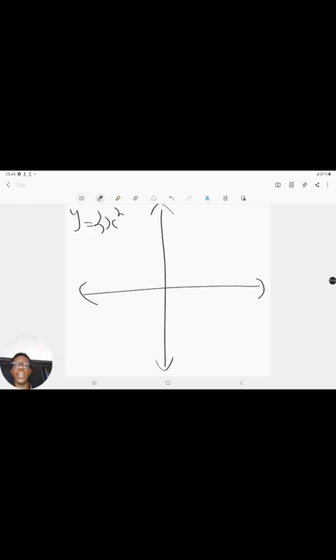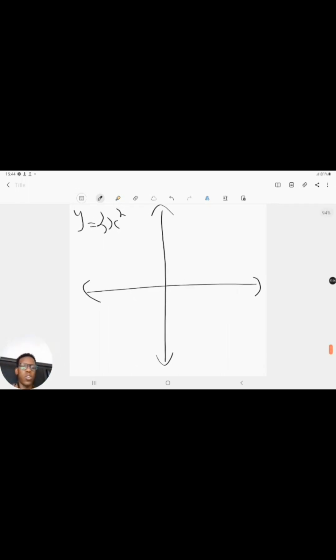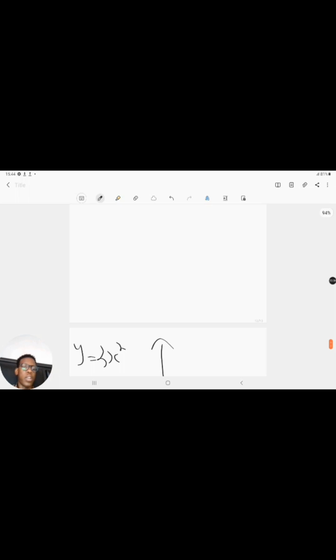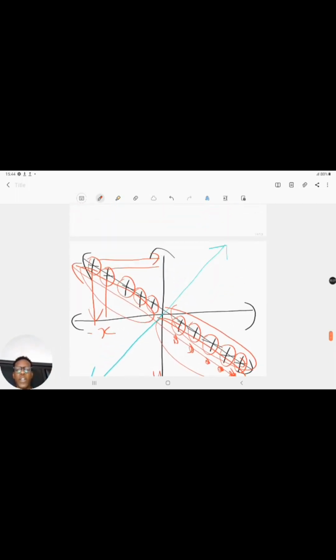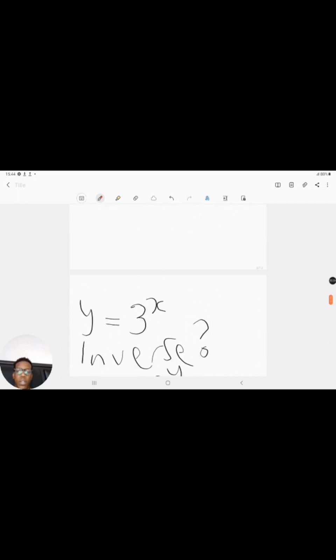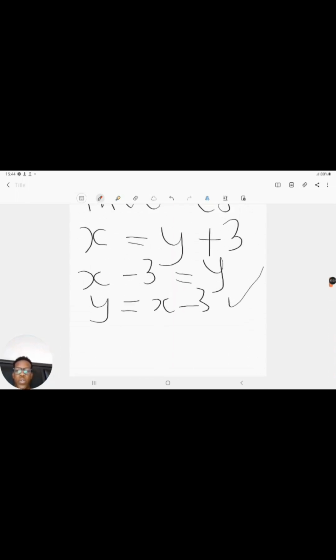You will tell me that this parabola looks like this, and it goes through the origin like that. And if I ask you to find the inverse of this parabola, I think we found the equation earlier on. Let's just try to find it quickly.